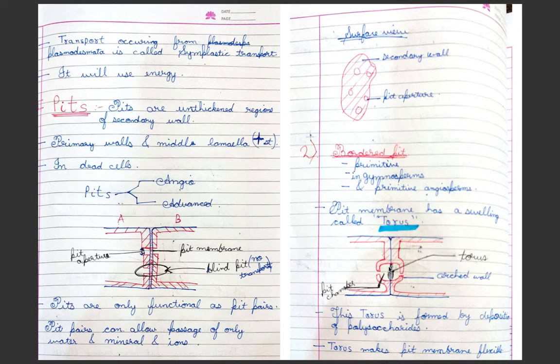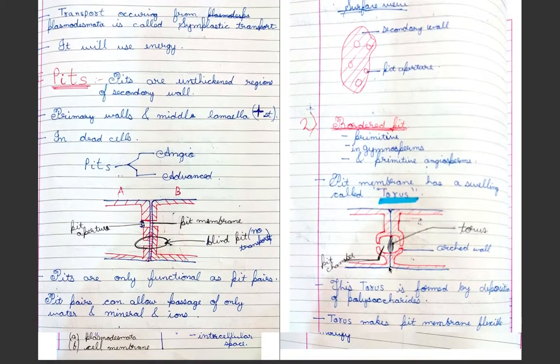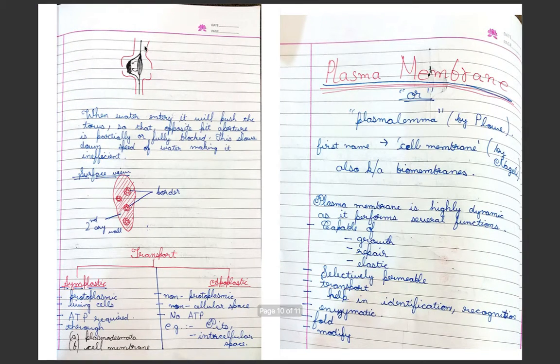It is formed by deposition of polysaccharides. When water moves from right to left, the torus moves from here to here, causing this space to reduce very much, and thus water is partially blocked, making water flow inefficient for the plant.